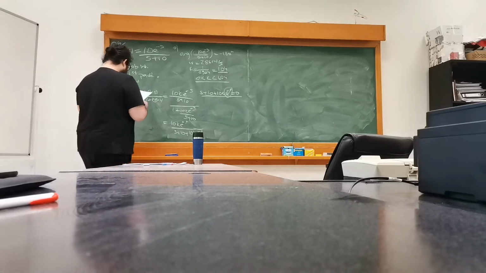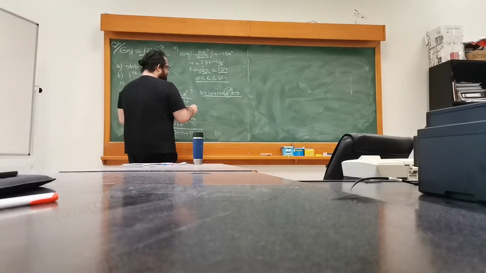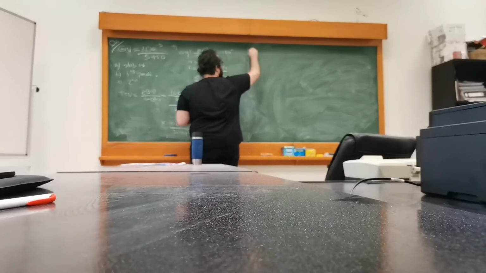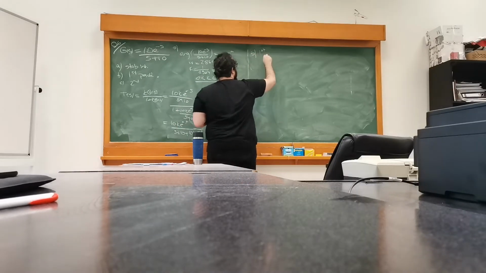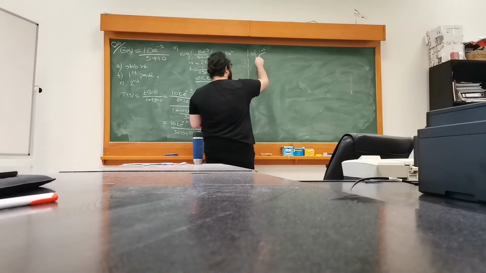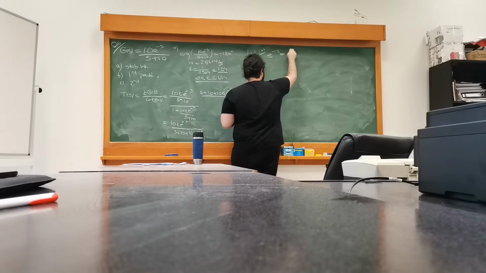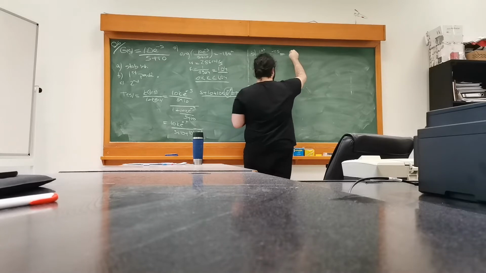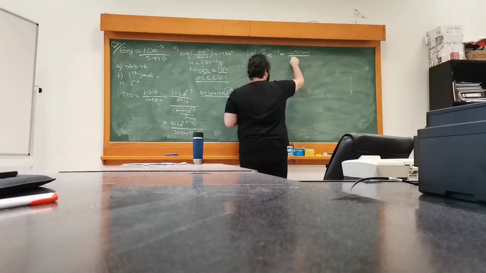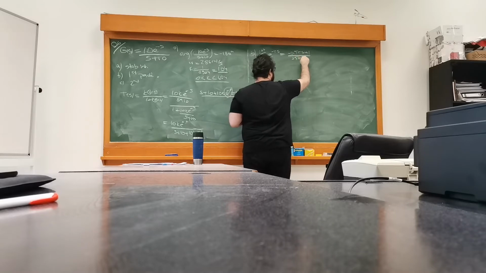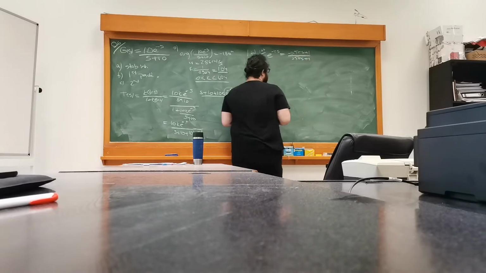So let's try that. Now for B, the first order Padé approximation, we have e to the power of minus tau s approximated by minus 0.5 tau s plus 1 over 0.5 tau s plus 1.